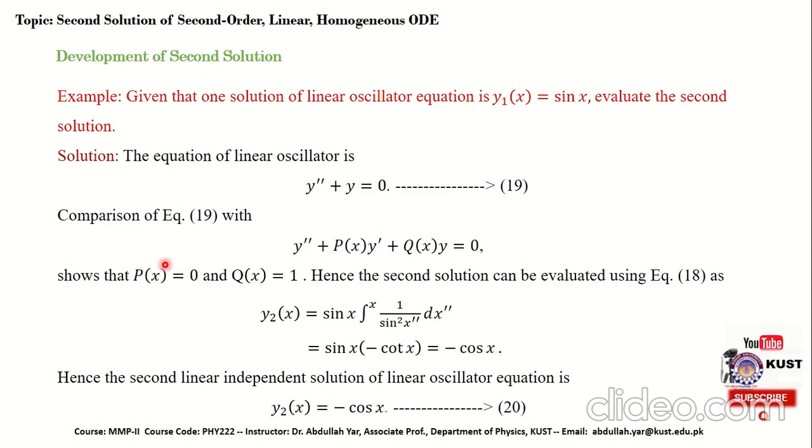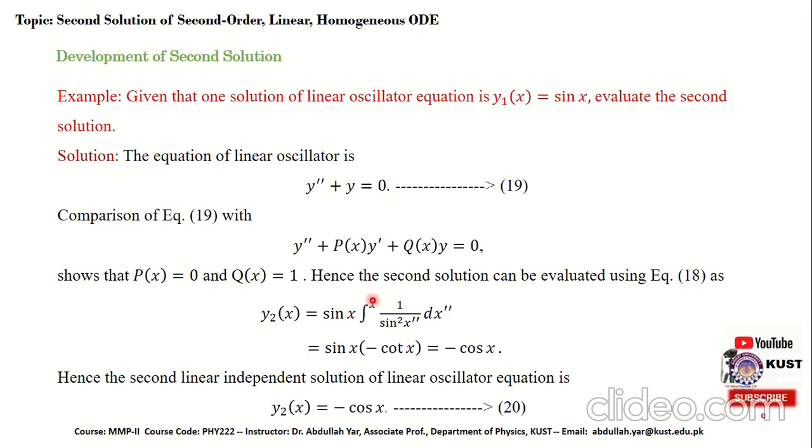Now if we substitute the value of p of x equal to 0 and y1 of x equal to sine x in equation number 18, this leads to y2 of x equal to sine of x integral over x 1 divided by sine square x double prime dx double prime.